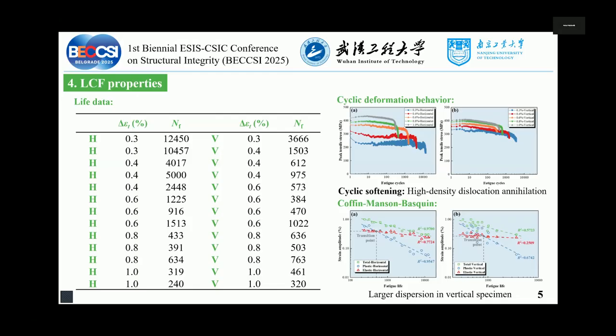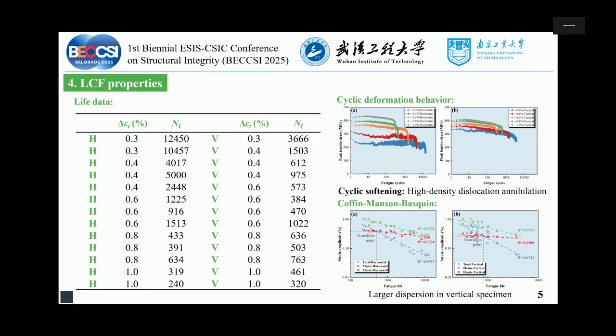The left is the horizontal specimen data, and the right is the vertical specimen data. We can see that they all exhibit cyclic softening behavior. This is mainly due to high density dislocation annihilation. And we use the Coffin-Manson-Basquin model to relate the strain amplitude and the fatigue life.